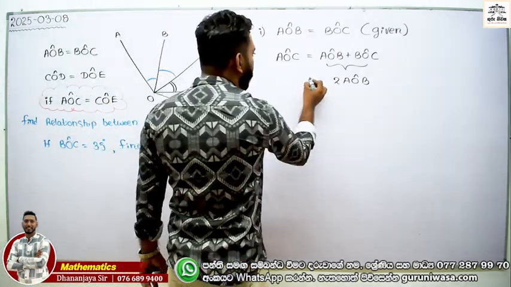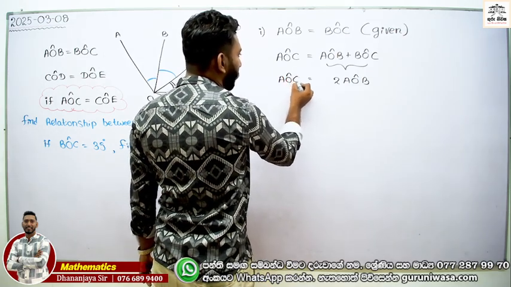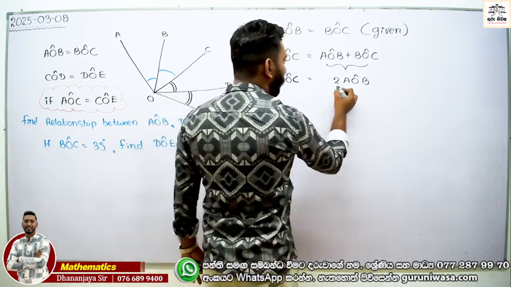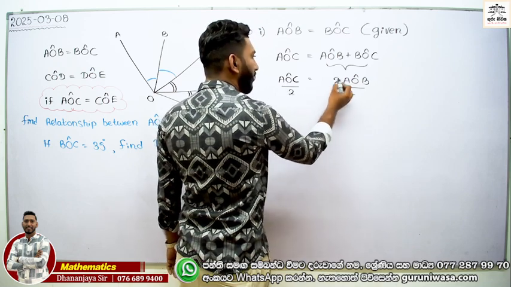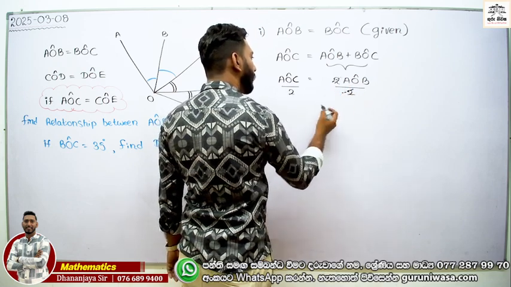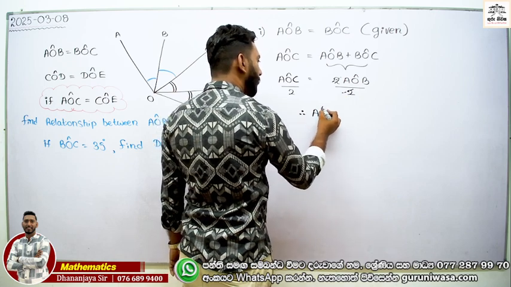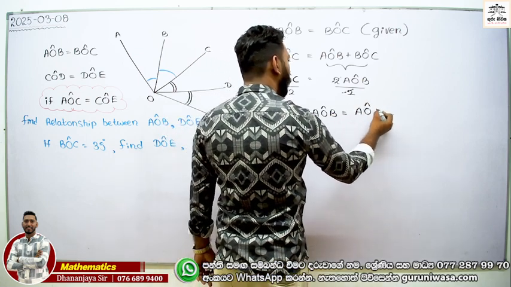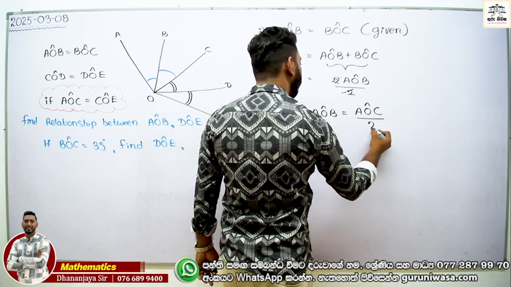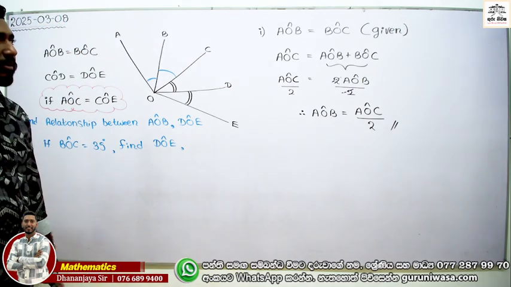Now we can write AOB, divide by 2, divide by 2. Now 2 and 2 are eliminated. Therefore, AOB equals AOC divided by 2.